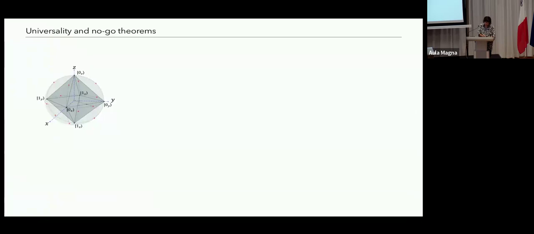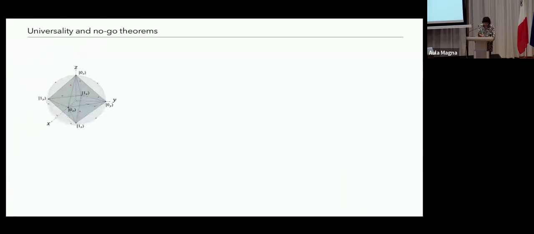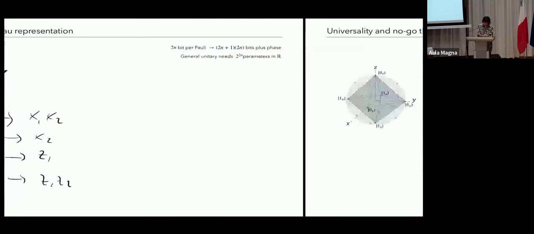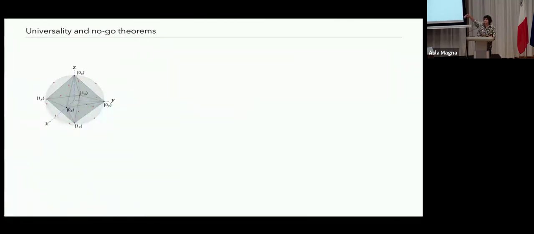and the vertices are the eigenstates of the Paulis, so Z, X, and Y. And the Cliffords are all the symmetries given by this octahedron. So basically, with the Clifford on one qubit, I can rotate the sphere, preserving the symmetries of this octahedron.